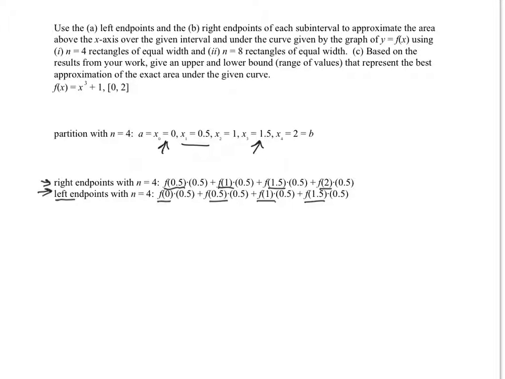So the first subinterval from x sub 0 to x sub 1, or in this case from 0 to 0.5, we could use any x value in that interval as our input into the function to get our height for that rectangle.